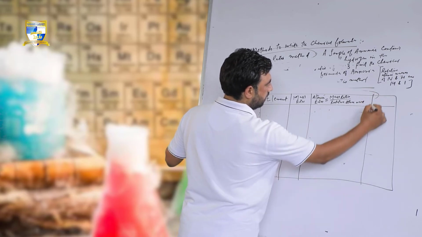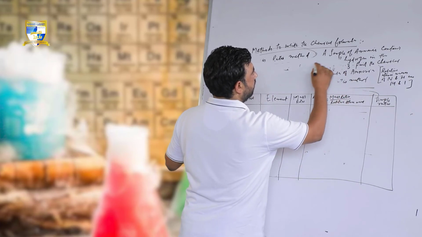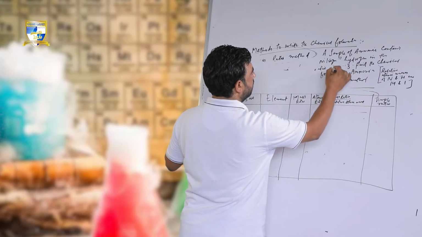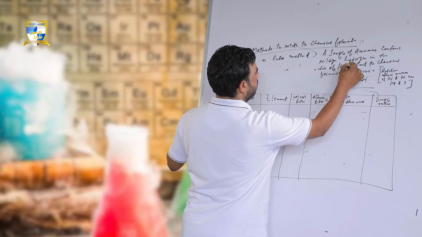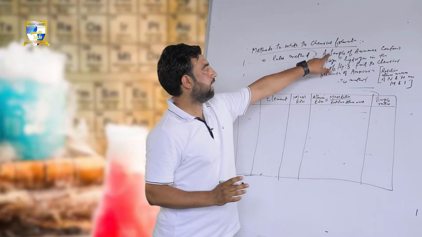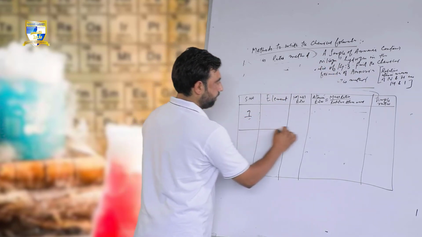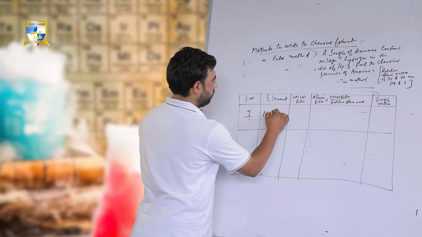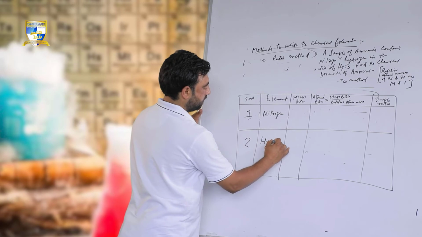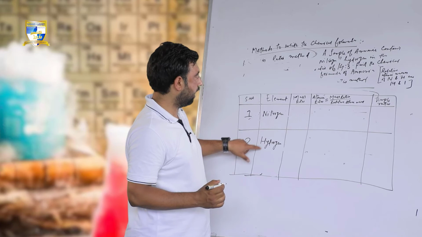And finally, simple ratio. Now, in the example, it says a sample of ammonia contains nitrogen and hydrogen. So we have two elements here. One is nitrogen and second is hydrogen. Fine, two elements, nitrogen and hydrogen.